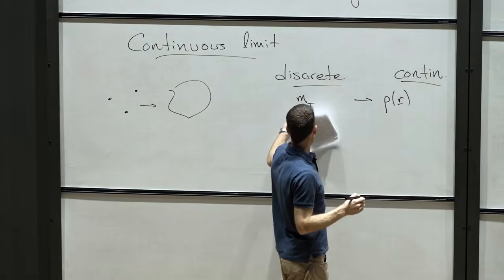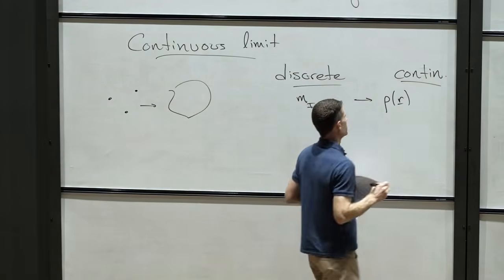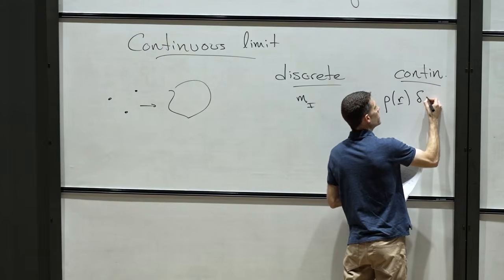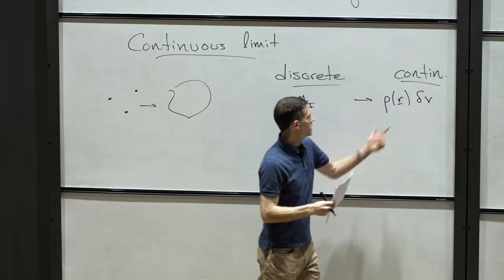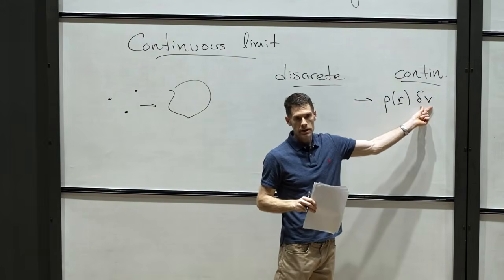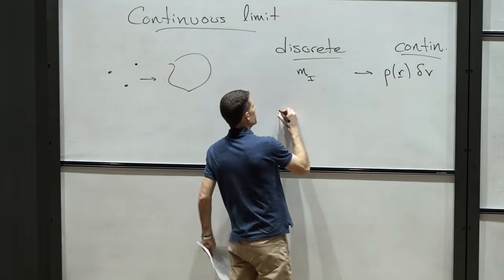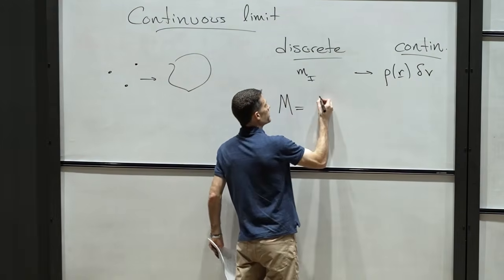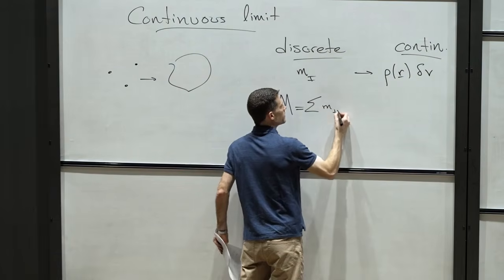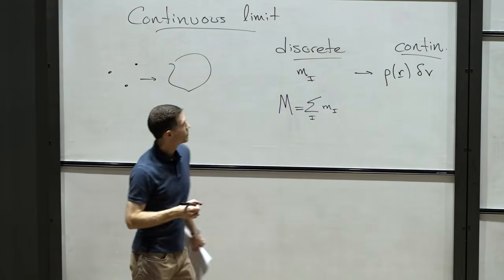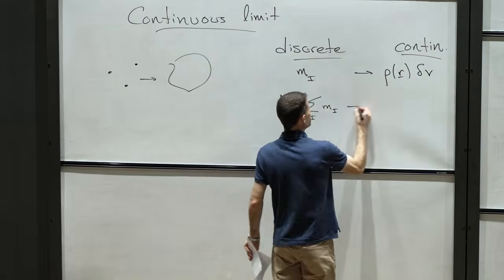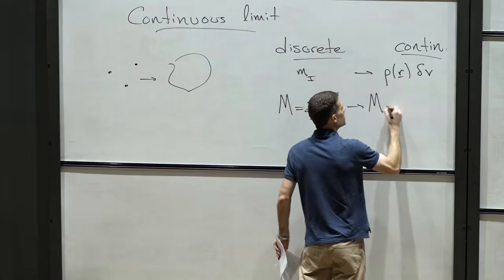And if I want the actual mass, then I get times a little delta v. I can take a density times a volume element, you get a mass. Right? So we had capital M, which was the sum of m sub i's over all the system, and that turns into an integral of the density over the volume.